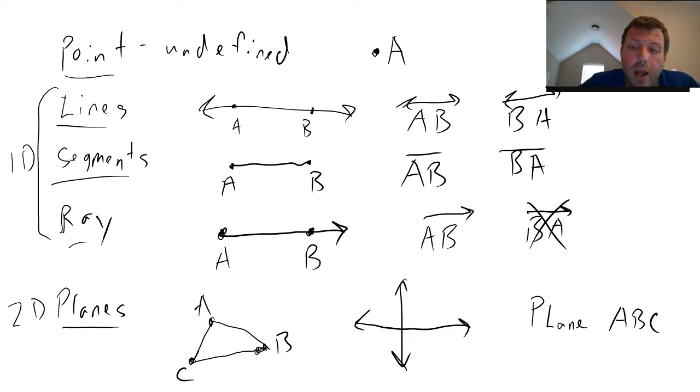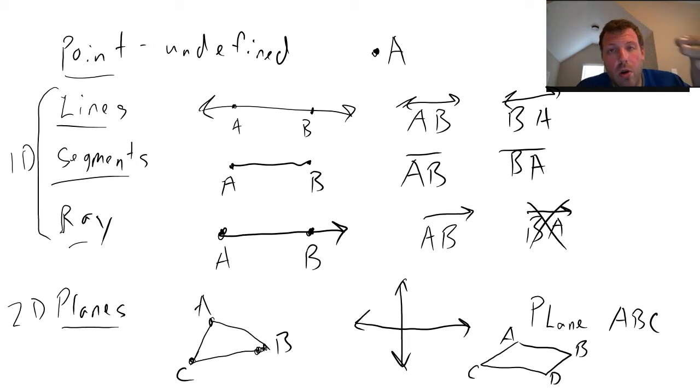So for example, if I drew, let's just do a 4-sided shape. We only need to label it in order going around the figure. So whatever point you start with and you decide to go around the figure with, you cannot jump around.